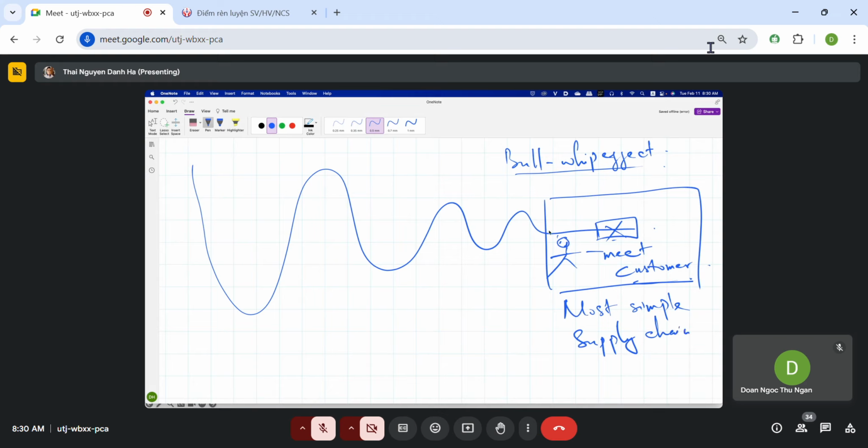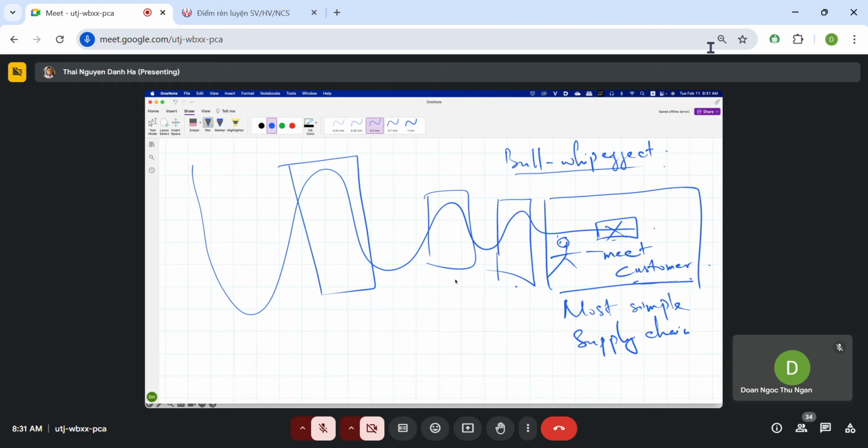However, if the seller wants to sell something to the customer, she needs to buy the material, buy the products from the previous one. We connect either through a distribution system, from the distributor or from the retailer.